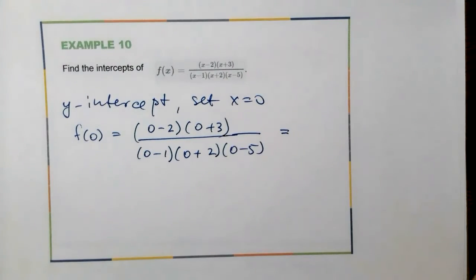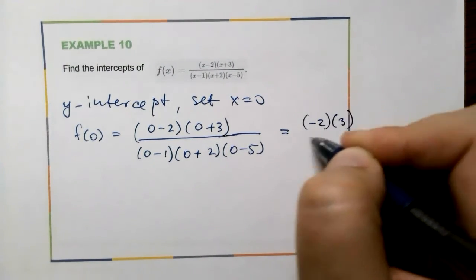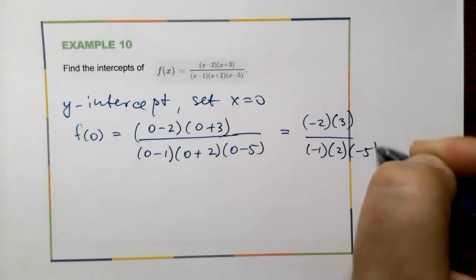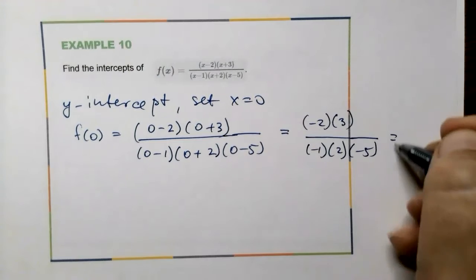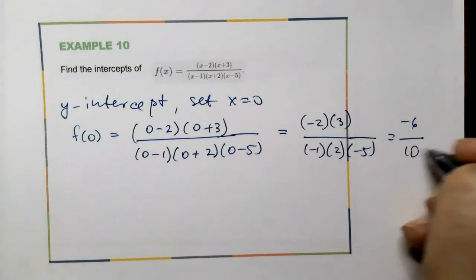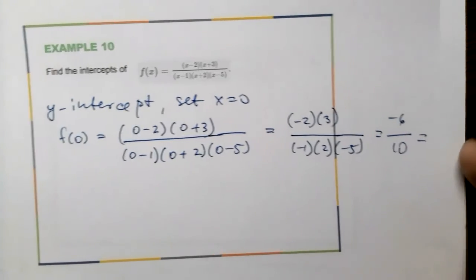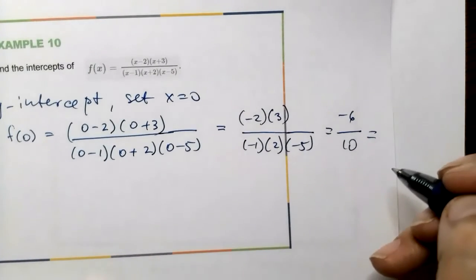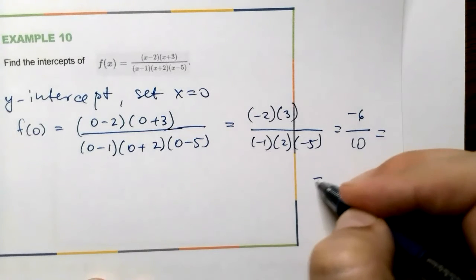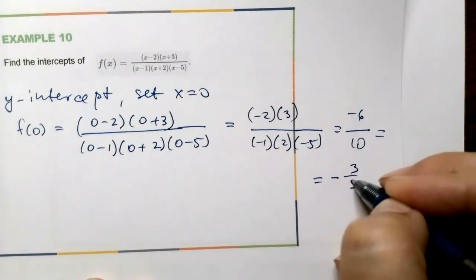All right, so what do we have? -2 times 3, -1 times 2 times -5. We have -6 over 10. When we simplify that, we have negative 0.6 or negative 3/5.